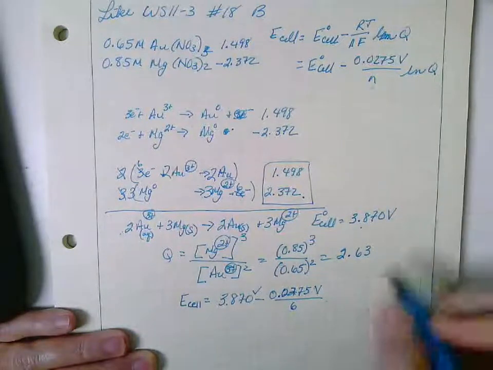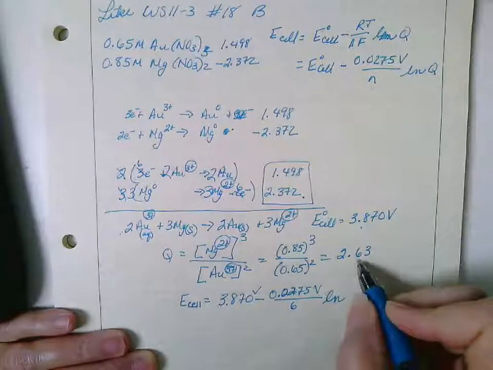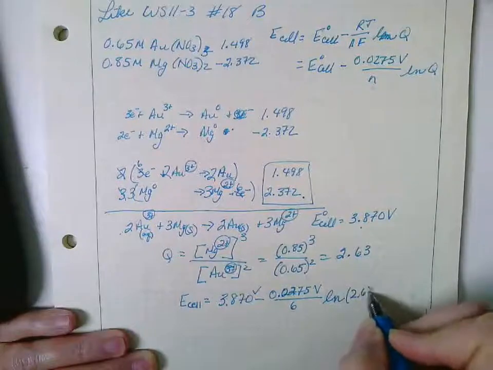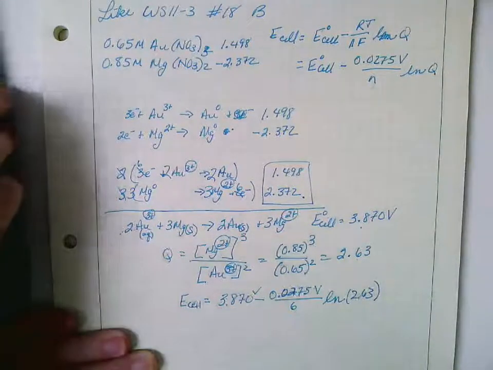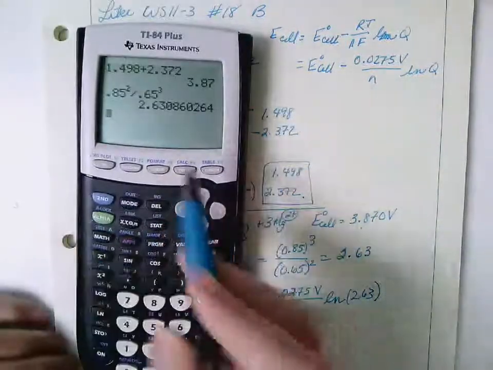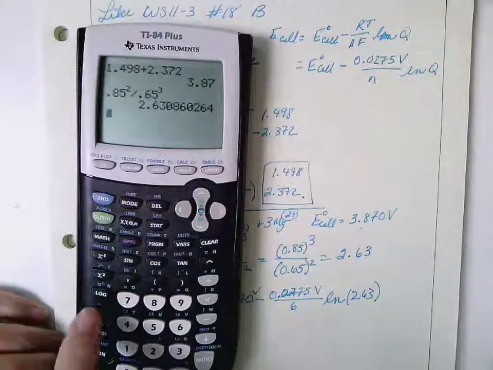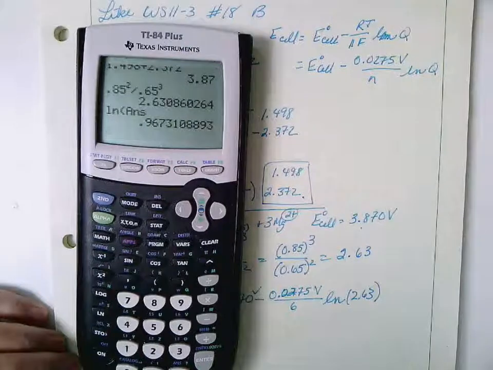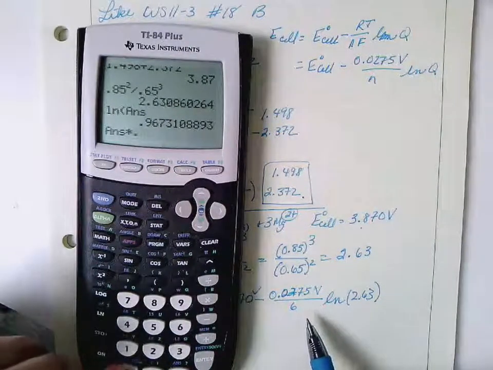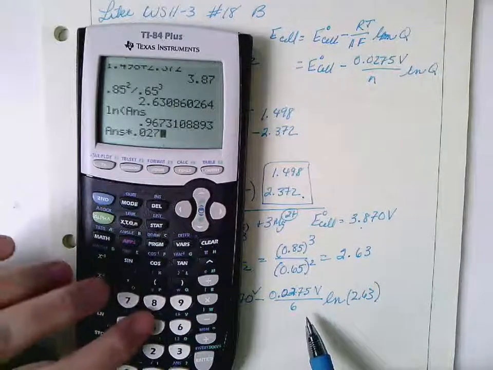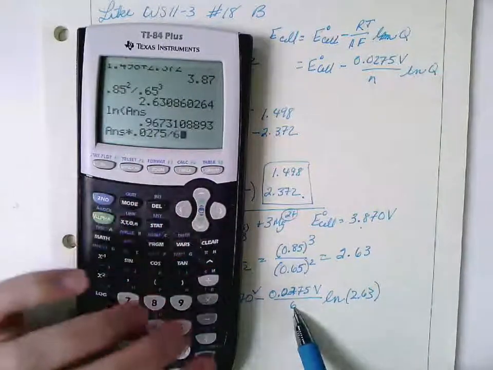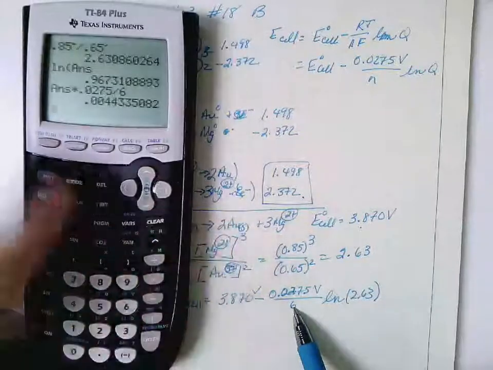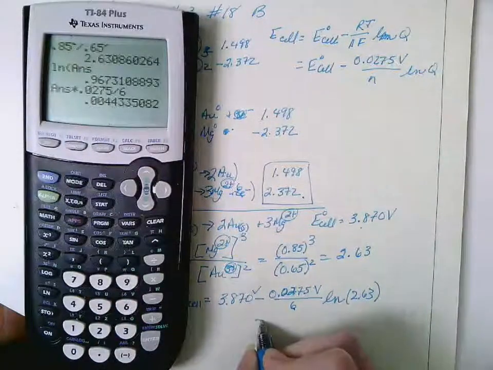And then I'm going to take ln of Q, which is 2.63. So in my calculator, I'm going to take the natural log of that. Natural log, second answer, equals, and now I'm going to multiply that by 0.0275 divided by 6 equals.